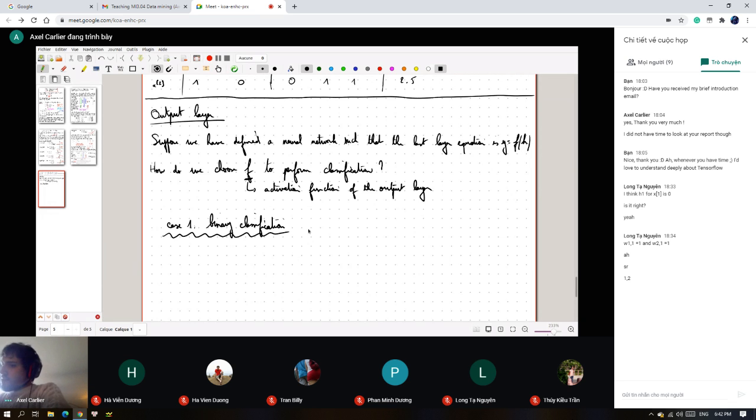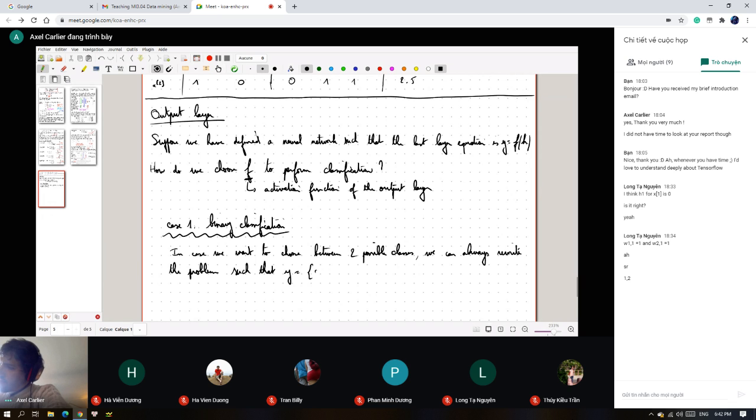In case we want to choose between two possible classes, we can always rewrite the problem such that y equals 0 or 1.